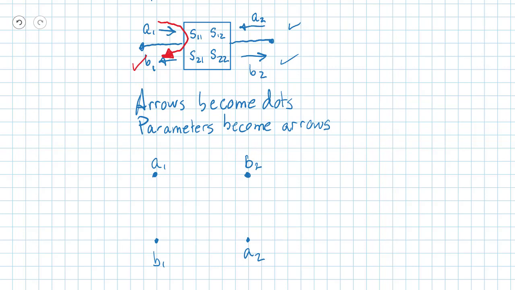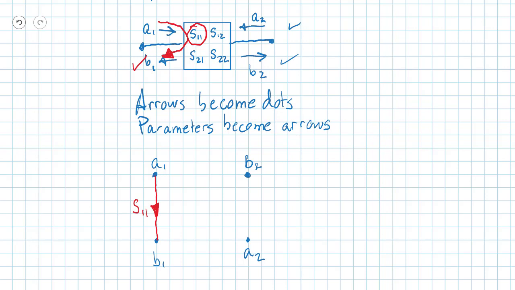And the factor or parameter that's going to affect the magnitude of that reflected wave in terms of S parameters is S11. So in the flow graph sense, we have the A1 wave coming back out, adding as a component to the B1 wave. And there's also a convention to draw the arrow in the middle. And the magnitude of that is going to be affected by S11.